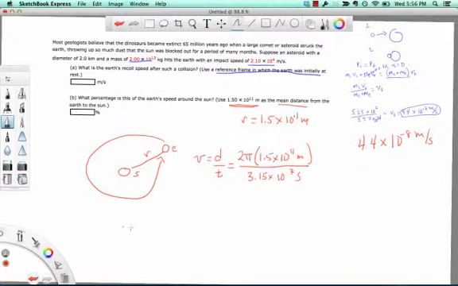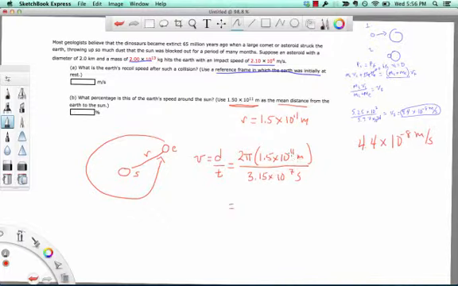If you wanted to figure that out, you could just multiply 60 seconds in a minute times 60 minutes in an hour times 24 hours in a day times 365 days a year, and it'll give you just about that number.